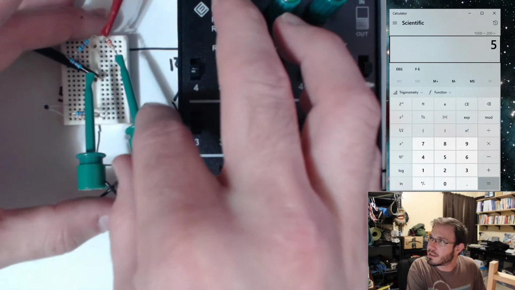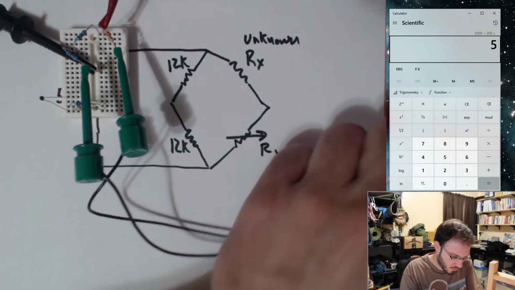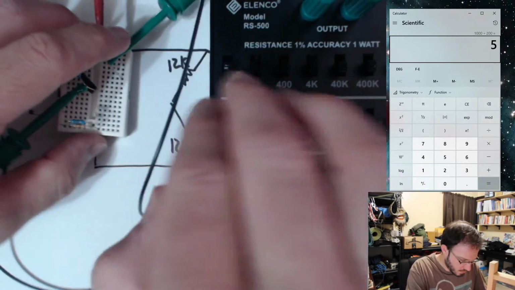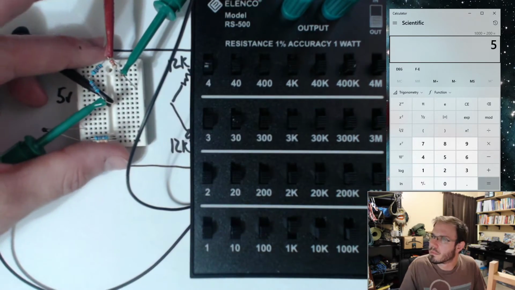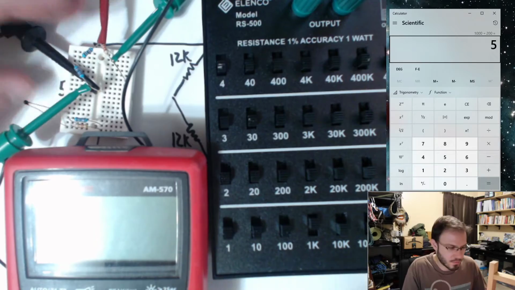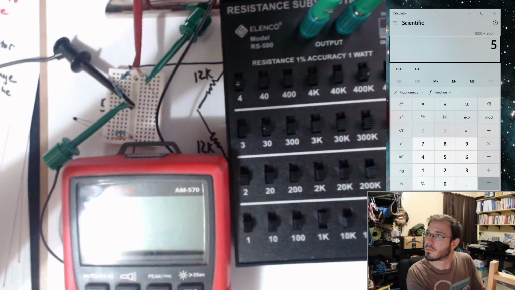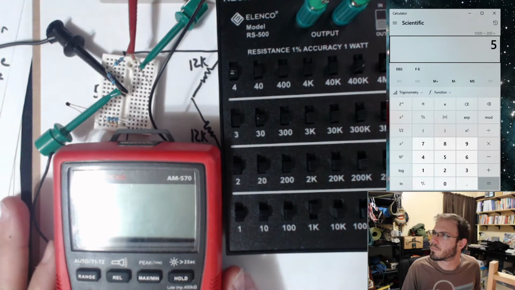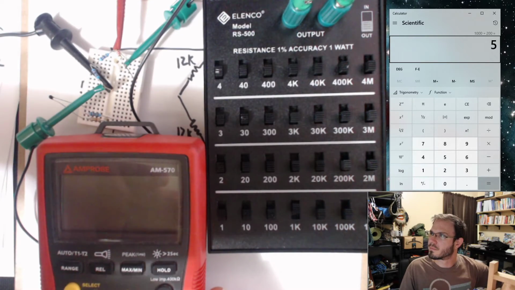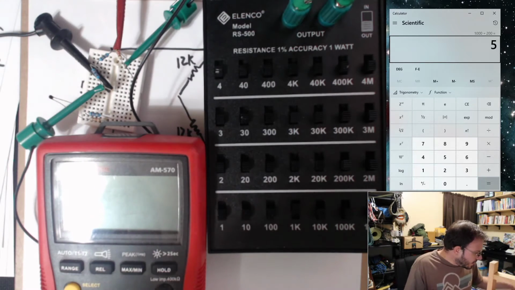It's getting tricky to fit all of this on camera. Okay, we'll see if we can do something about this glare when we start getting some values. And I'm going to do the same thing.